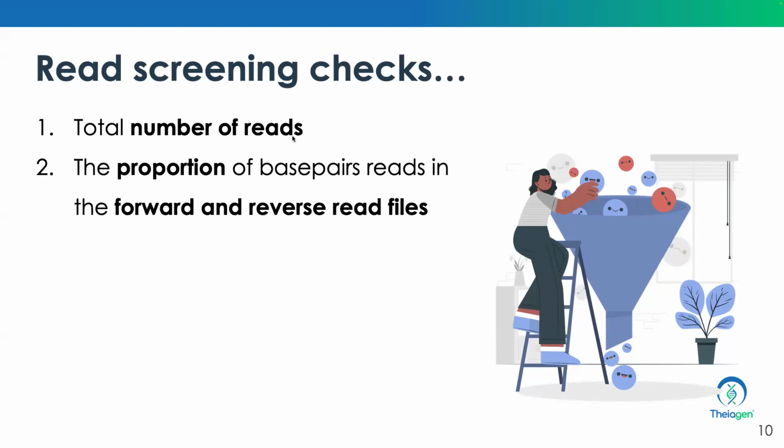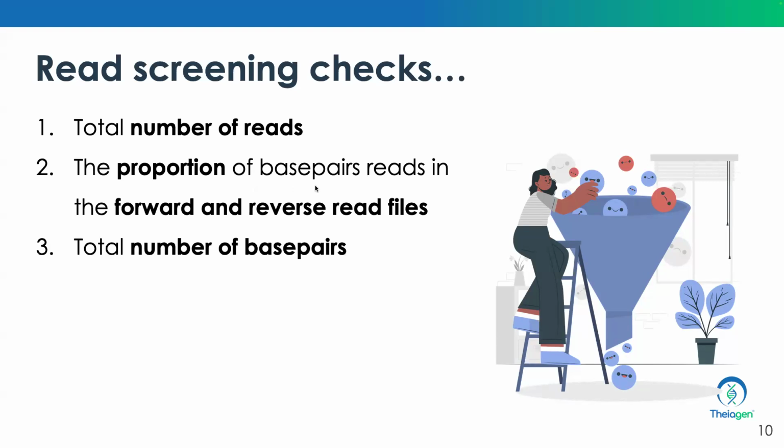So we look for the total number of reads, and we look for the proportion of base pairs in the forward and the reverse. Of course, in this case, we are looking at Illumina paired-end reads. Ideally, what we want is a lack of bias. You don't want 80% of your reads in the forward read and only 20% in the reverse. You want a more balanced split. Typically, the cutoff used is not less than 40% on either read file.